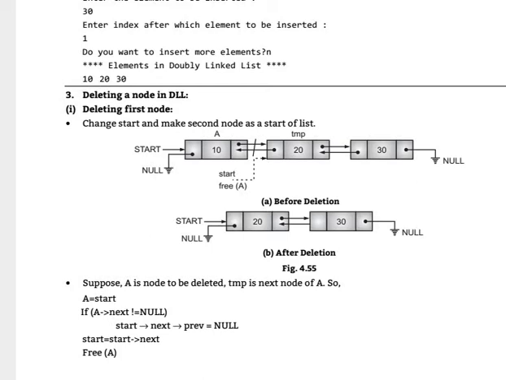Means this is the start, this is the next, and the previous is initialized as null, and start next is considered as the start, and free A. Obviously, first A will be deleted.